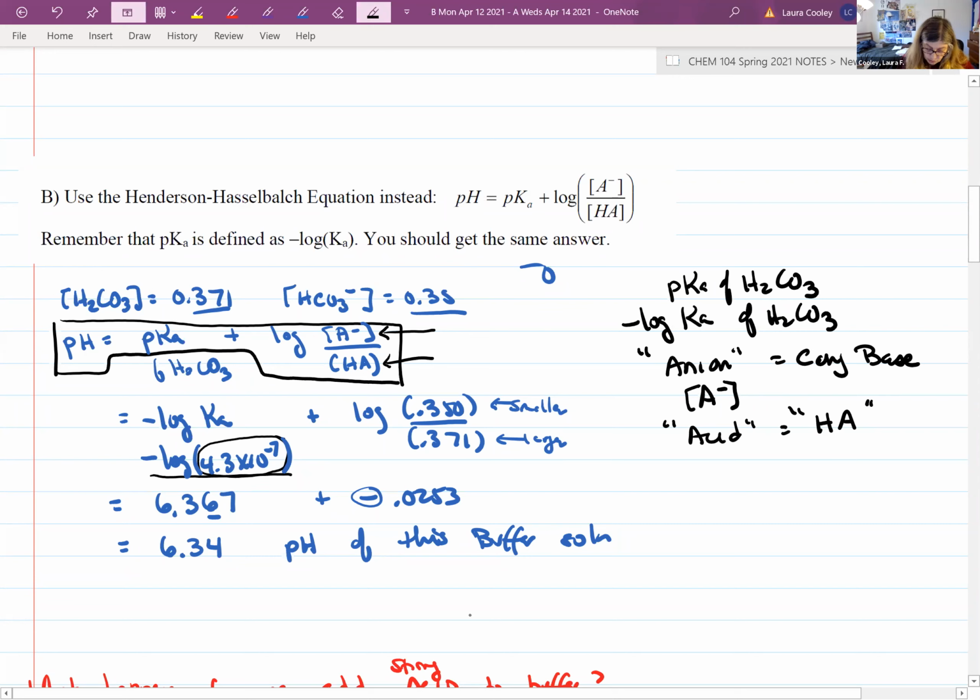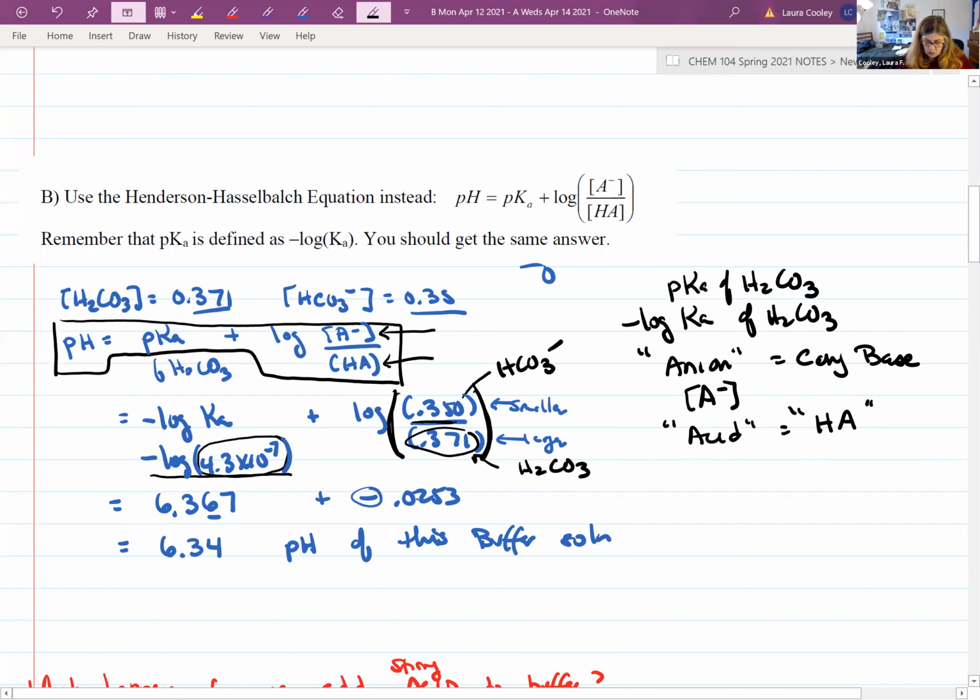So in our case, we had 0.350 molar of the HCO3 minus, that's the bicarbonate, and this was the H2CO3. I was pointing out here that when you have a smaller number on top of this ratio, you end up with a number that's less than 1. You have to take the log of this whole thing, and that would become negative because the log of a number that's less than 1 is negative.